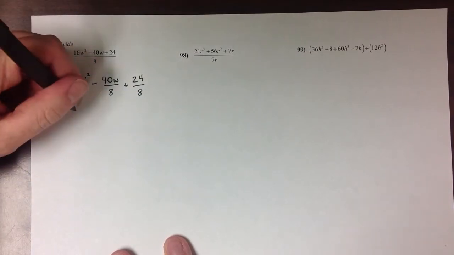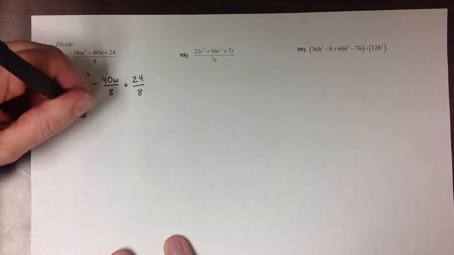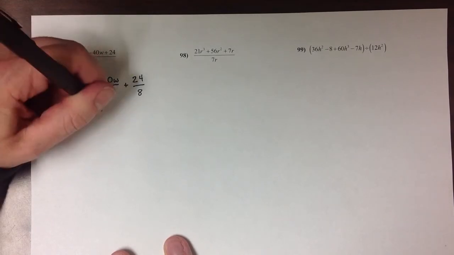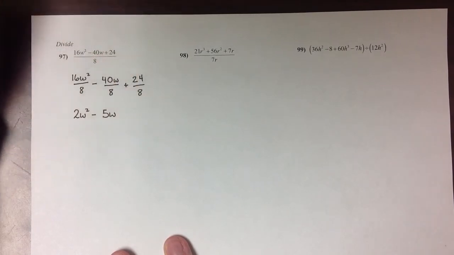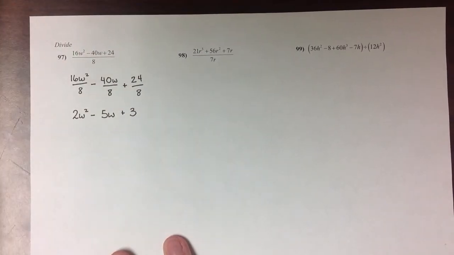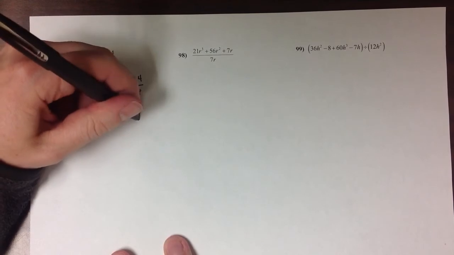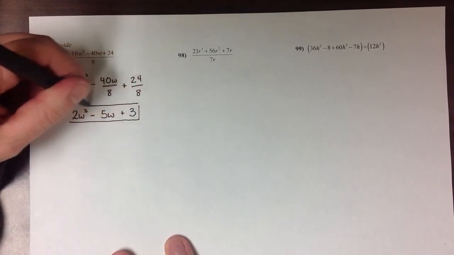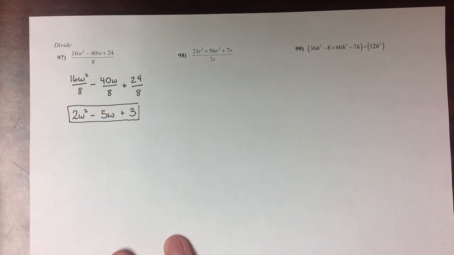When I simplify this term, I'll get 2w squared. This one leaves me with 5w, and this one with a positive 3, giving me a final answer of 2w squared minus 5w plus 3.